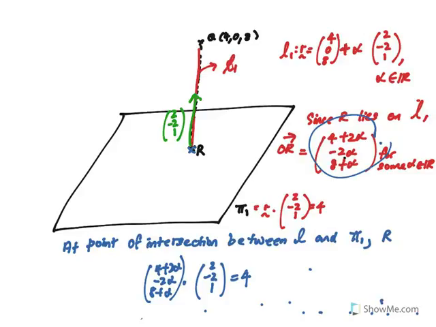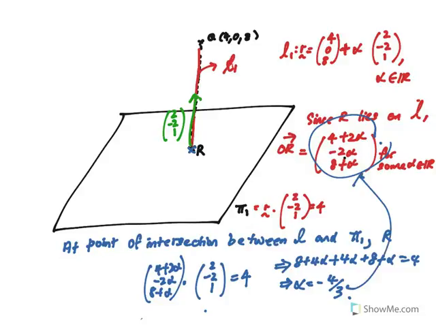Solving this, you should have 8 + 4 alpha + 4 alpha + 8 + alpha equals 4, and alpha will be equal to negative 4 over 3. Hence if you sub alpha back in, we can find OR, where OR is the position vector.